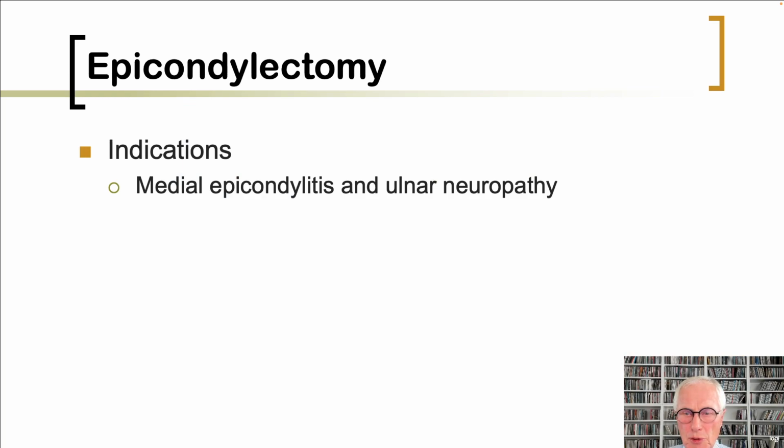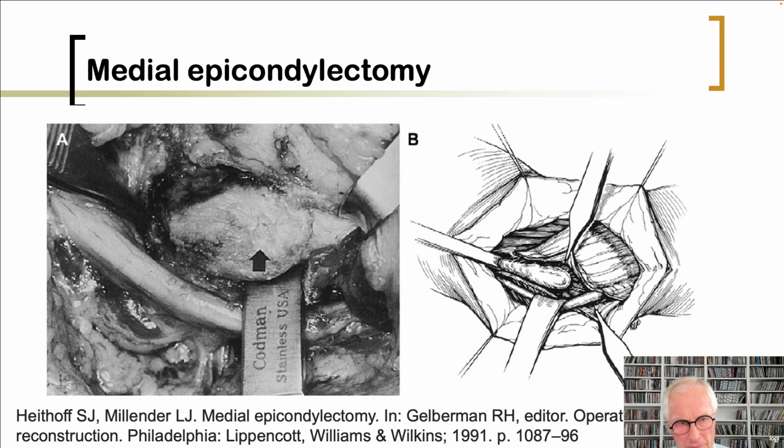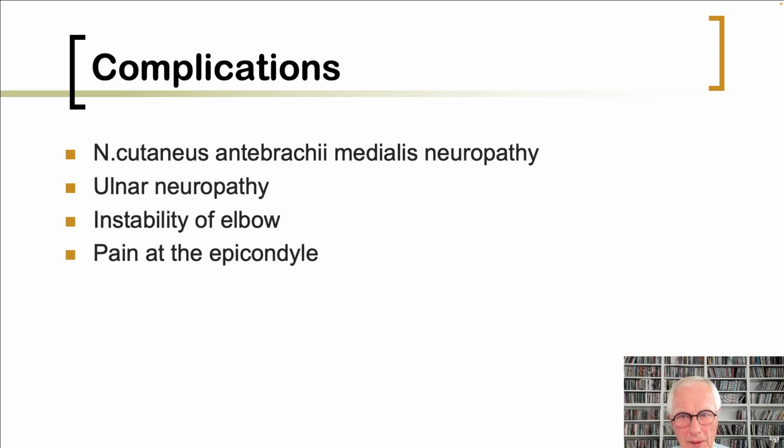Epicondylectomy is also a quite popular procedure, and it improves the pathway for the ulnar nerve at the elbow region. If you do epicondylectomy, you may get the problem of antebrachial medial cutaneous neuropathy, and sometimes you see that the ulnar nerve is severed as well.